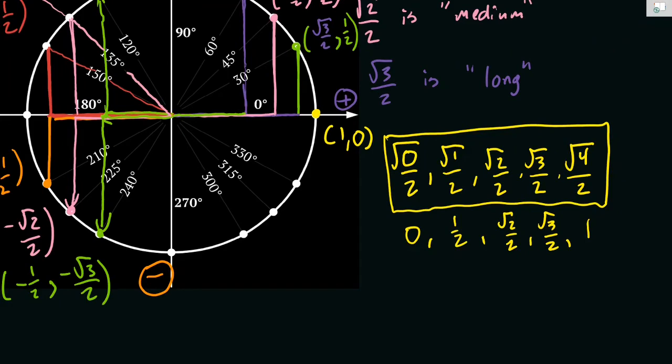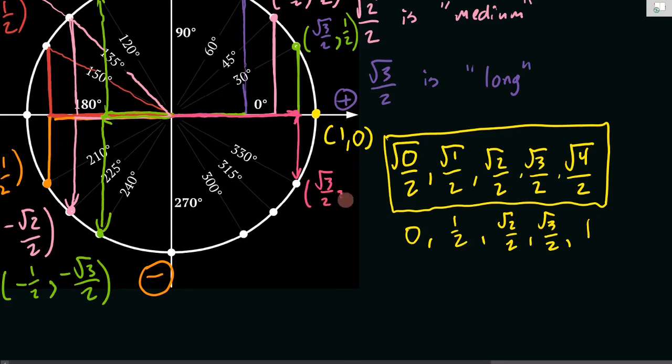And then bottom right, this is positive because it's going to the right, negative because it's going down, and our going to the right was a long length. So our long length is root 3 over 2, positive because it's going to the right, and then my half is negative because it's going down, and it's a half because it's short.